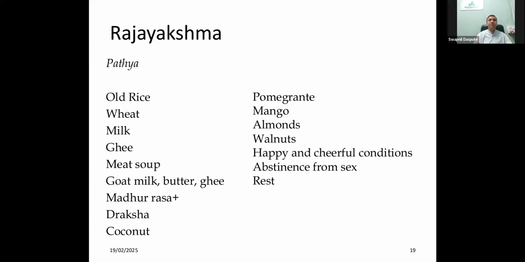So abstinence from sex, and any kind of physical activity like exercise should be avoided. Rest will be a must. So retaining the strength, retaining the energy will be more beneficial.